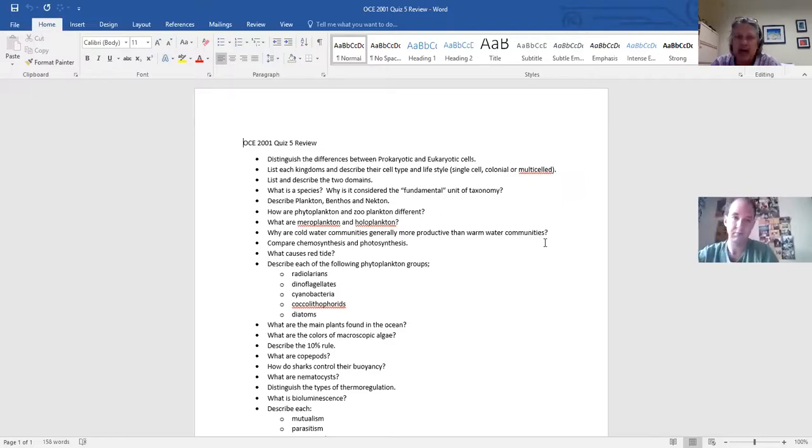Plankton, benthos, and nekton are the marine lifestyles. Plankton means wanderer, literally, floating or using the currents to distribute. You have the phytoplankton, which are photosynthetic, the zooplankton, which eat. You have the meroplankton, which are just larvae, but they'll turn into something else when they grow up.